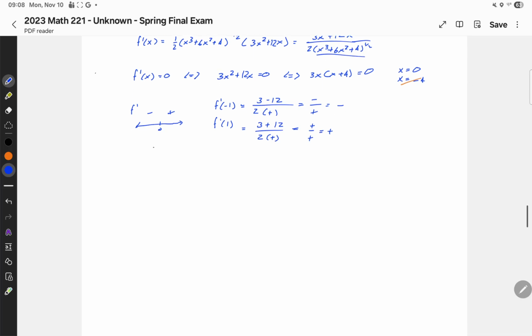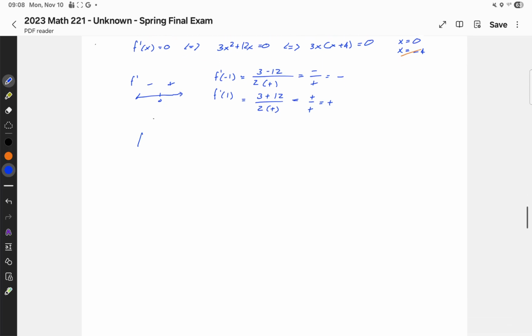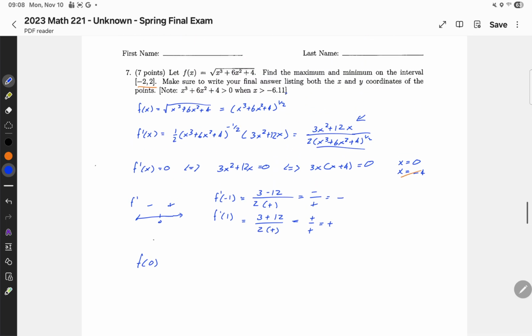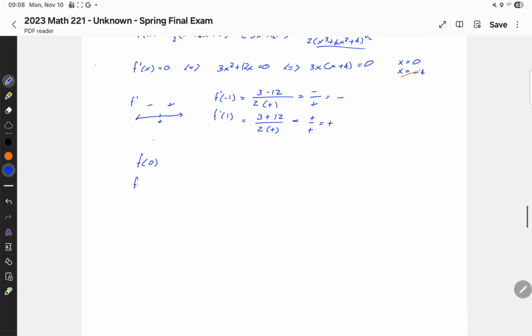All right, so now let's go ahead and look at these values. So I'm going to need to find f of 0, and then I also need to find the endpoints. So I'm going to need to find f of minus 2 and f of 2 as well.